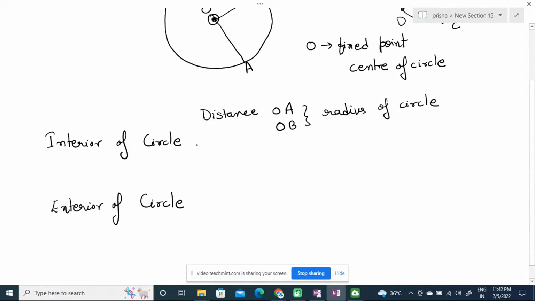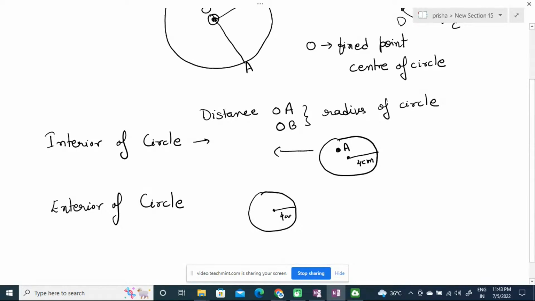For example, if we draw a circle of radius 4 centimeter and if there is a point inside it, let it be A, then this point is the interior region of the circle. And if we draw a circle of radius 4 centimeter and if there is a point outside it, then this point is exterior of the circle. Also, okay, clear?